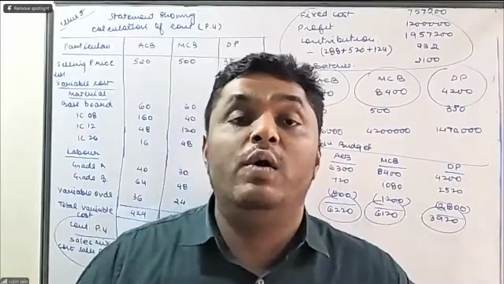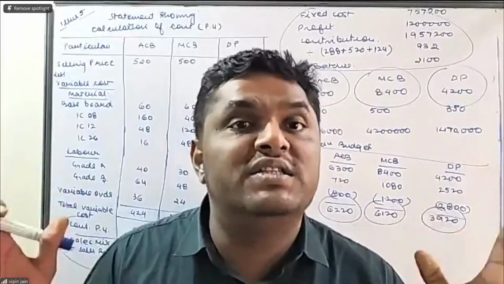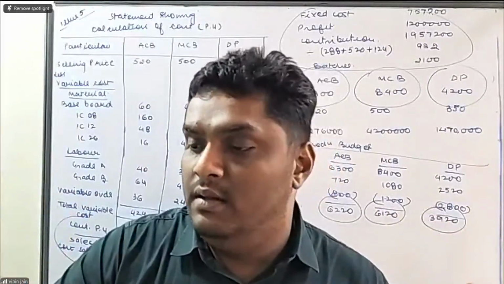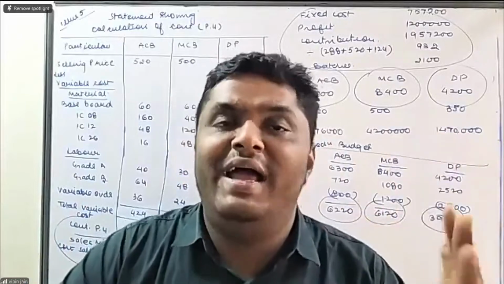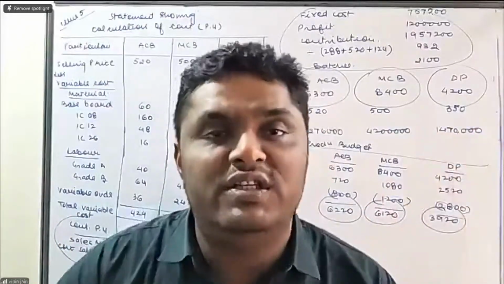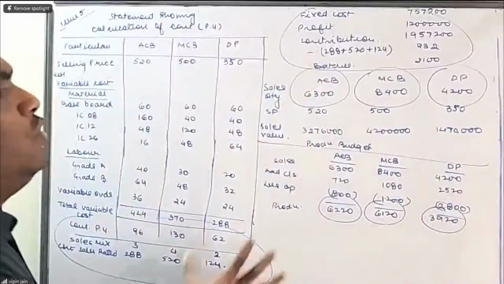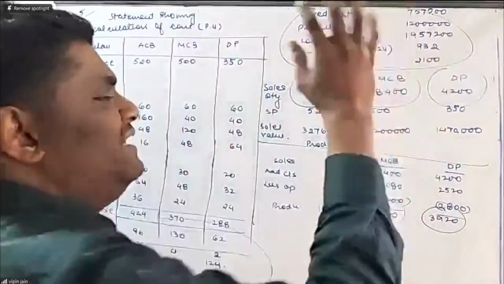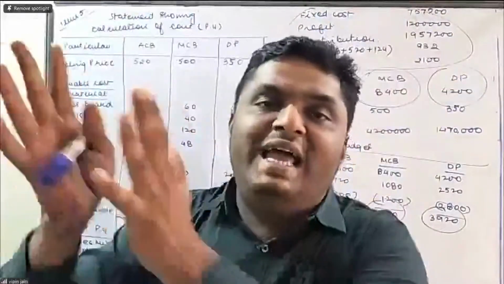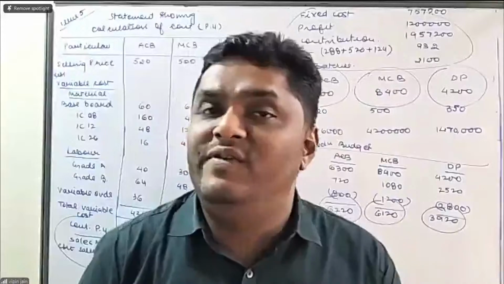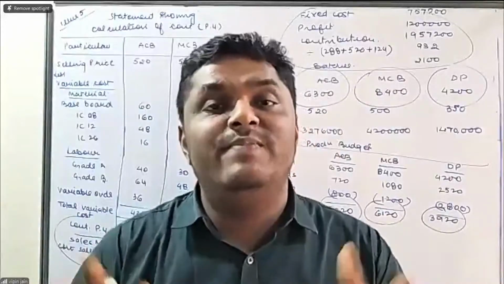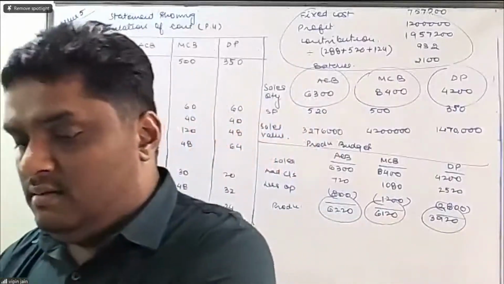We can easily calculate the quantity that is purchased for raw material. The question is lengthy, I understand, but it's a very easy question. The key part was to calculate the sales quantity. Again, I have applied the same concept I discussed in case of sales mix in marginal costing.